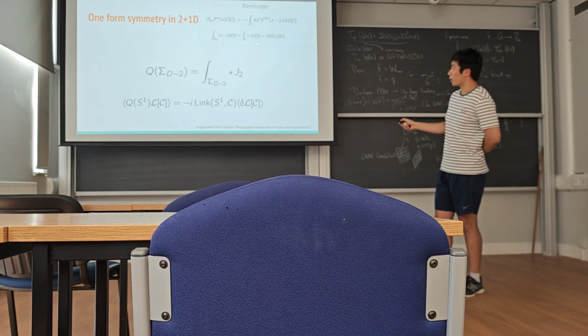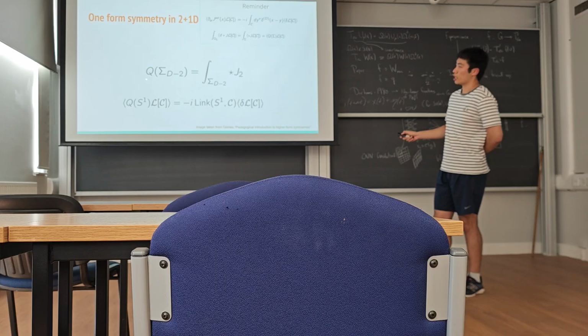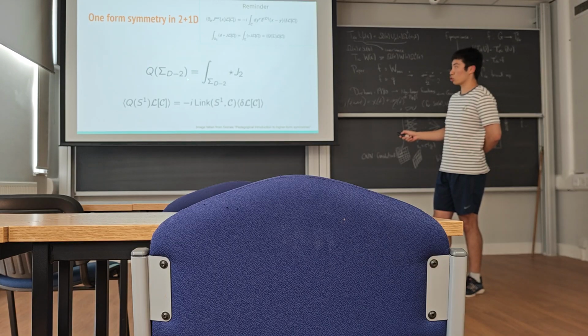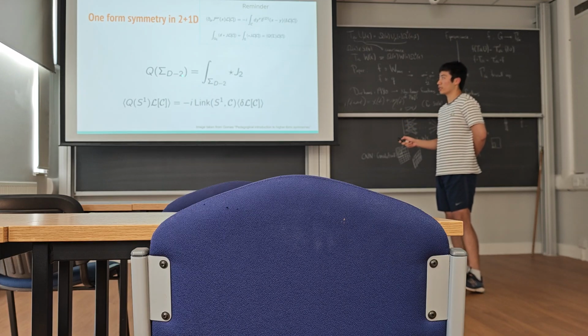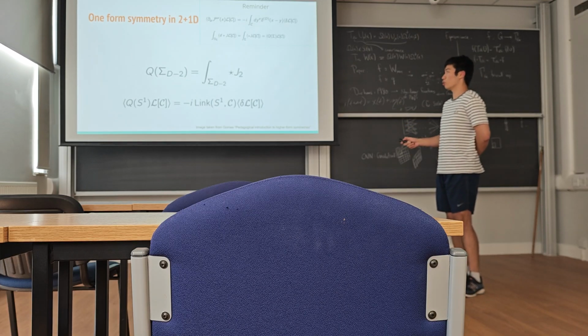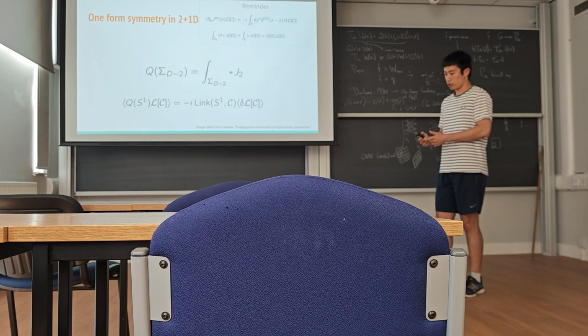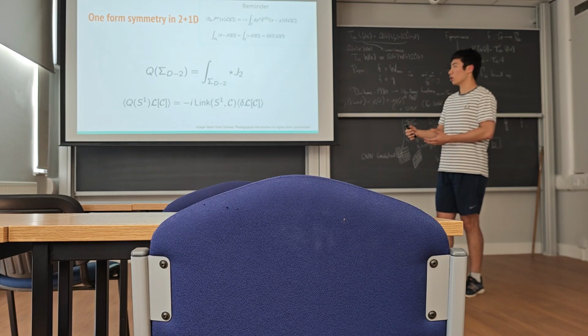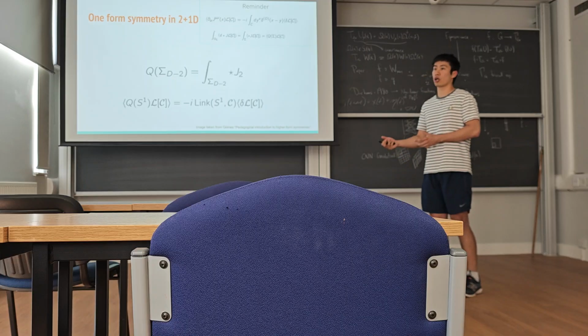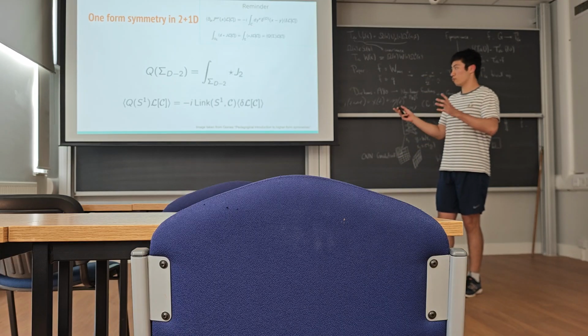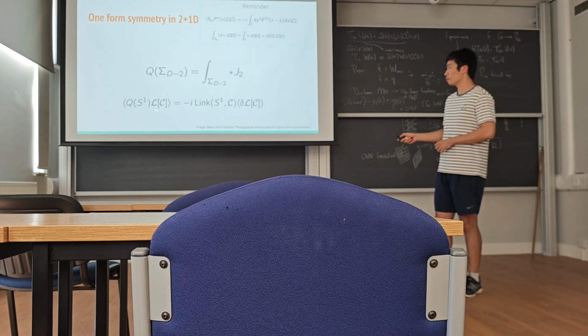Just a reminder of what we had, the charge operator is defined over a d minus 2 dimensional submanifold. In 2 plus 1 dimensions, this d minus 2 is just 1. And so we can consider, let's say, your charge operator can be defined over either an infinitely extended line or a closed curve. So for simplicity, we pick a closed curve, S1.